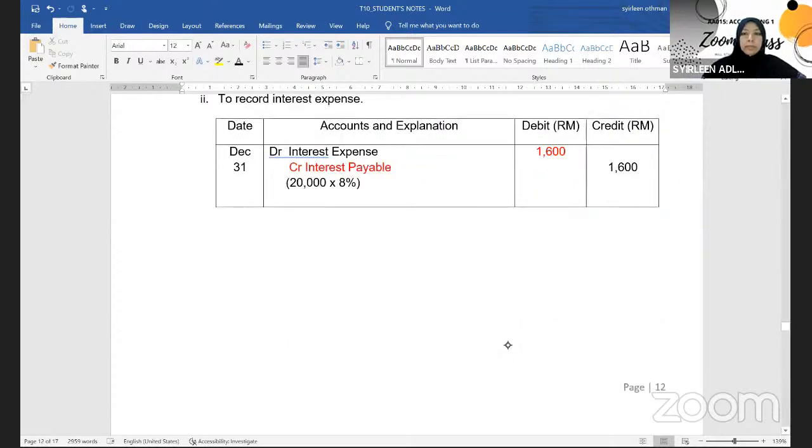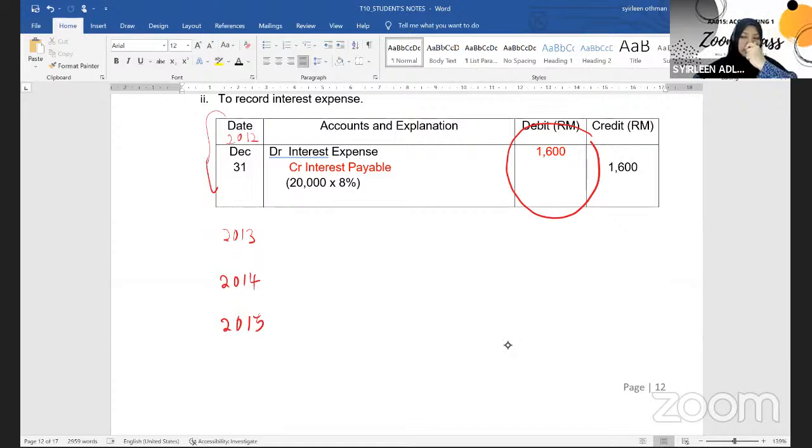Yang ni, yang kita buat ni tadi, 1,600. Yang ini ialah pada 31 Disember. This is for 2012. So you are going to do this particular adjustments on 2013, 2014, and 2015. Setiap tahun saya akan buat pelarasan untuk interest expense.